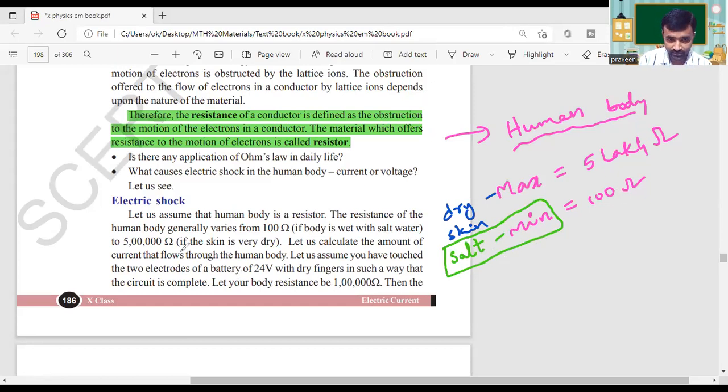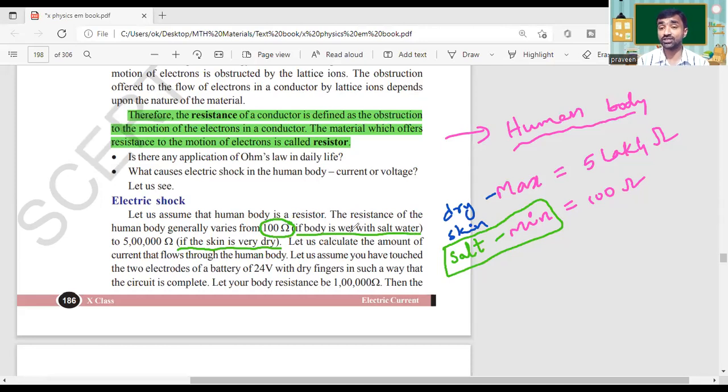It is given, so just underline it. If your body or skin is completely dry, then it offers 5 lakh ohms resistance maximum. If your body is completely wet with salt water, then it offers very little resistance, that is 100 ohms.